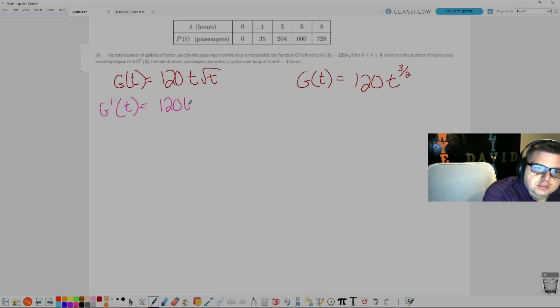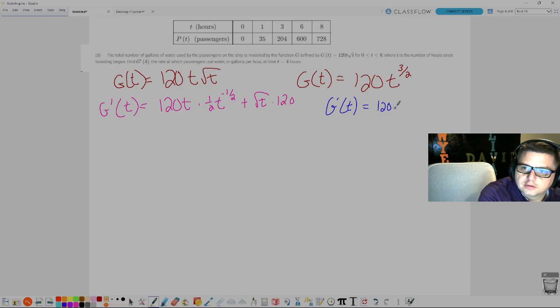The first times the derivative of the second plus the second times the derivative of the first. 4 times 3 halves. So we're going to do 120 times 3 halves t to the 1 half.